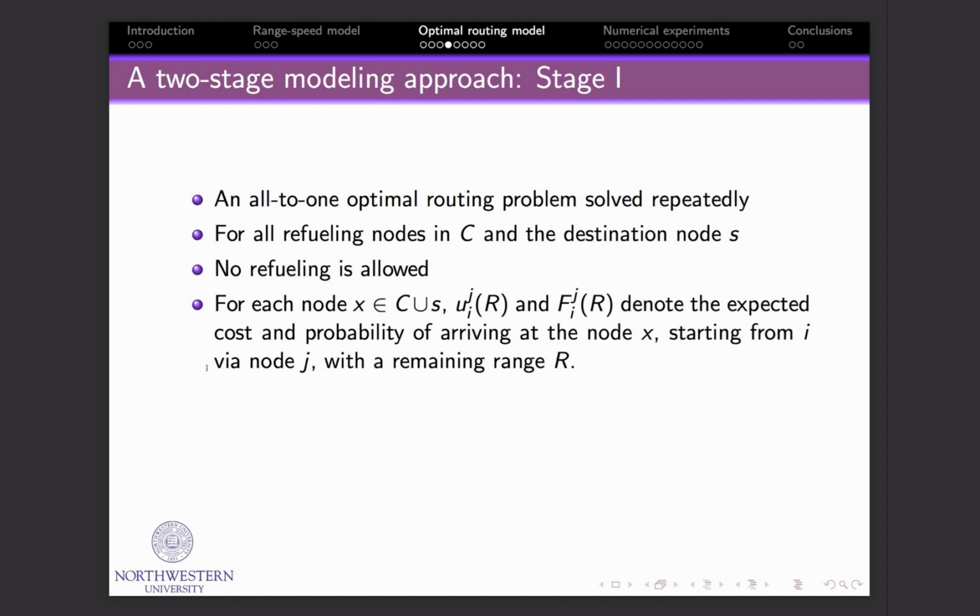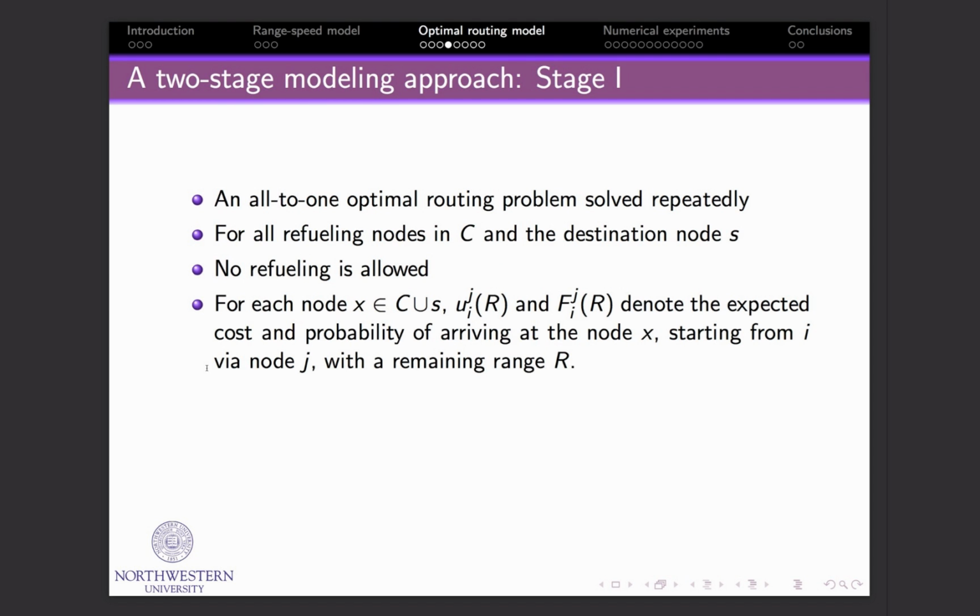In the first stage, an all-to-one optimal routing problem is solved repeatedly for all the refueling nodes and the destination node. For the optimal routing problem in stage 1, no refueling is allowed.